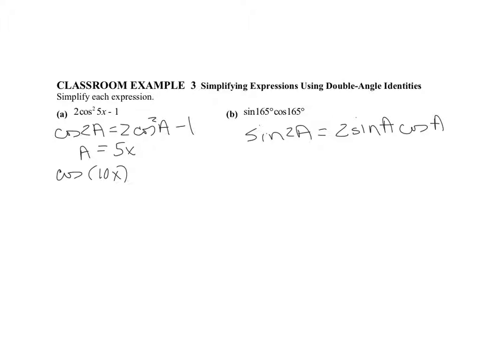There is not a 2 in front of the sine 165, cosine 165. Well, there is now because you just added one. Well, here's what we would have to do, though.